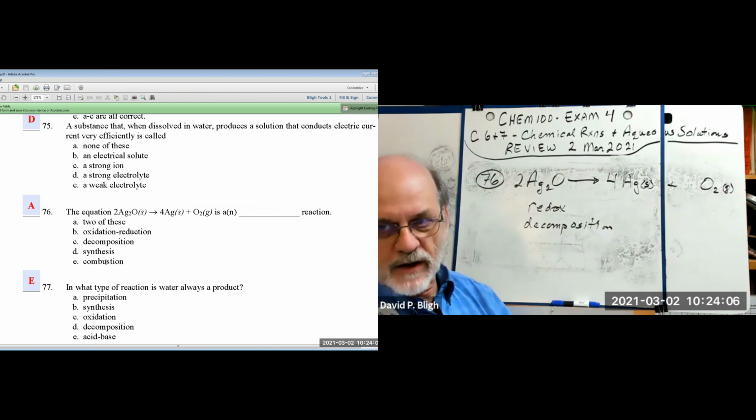So if this is a 2- and it's a 6- total, and the combination has to add up to a -1, we really only need a 5+ here. Right? A 5+ and a 6- is a 1-. So this is a 5+ for that nitrogen. How about this nitrogen? Well, we have 4 pluses from here, so that means this has to be a 4-. Okay, so that's a 5+ and this is a 4-.